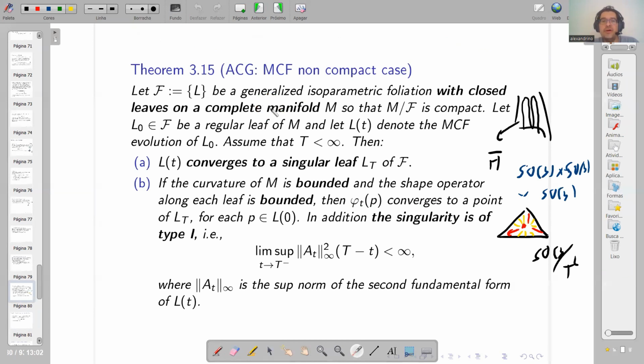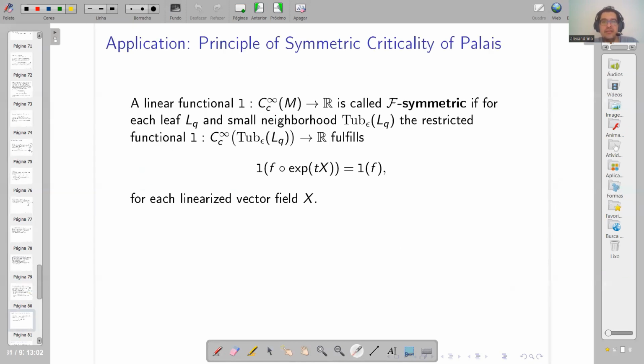Here it was important, the connection tau, and here it's quite important, this Lie groupoid structure. Consider a linear functional on smooth functions.